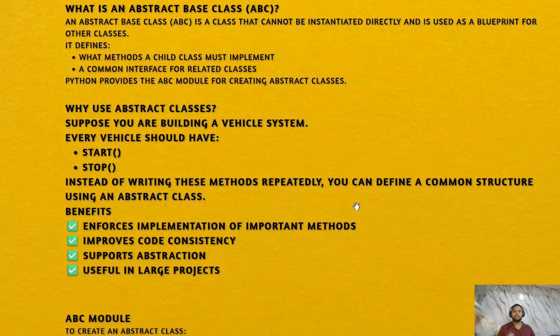So why should we use abstract classes? Suppose you are building a vehicle system, and every vehicle must have start and stop methods in each and every car. Instead of writing these methods repeatedly in each class, you can define a common structure using an abstract class.